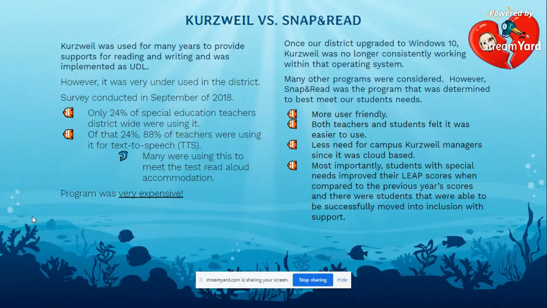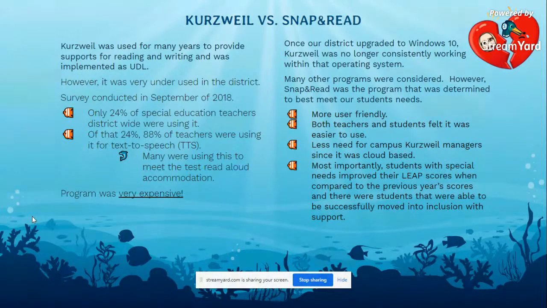Some were able to access the program on the K drive, other schools were not. So we had to start looking to see what we were going to do. Are we going to continue and upgrade to a cloud-based Kurzweil program, or are we going to go with something else? Kurzweil was very, very, very expensive to upgrade to the cloud-based.